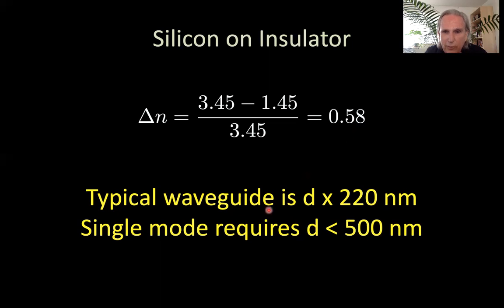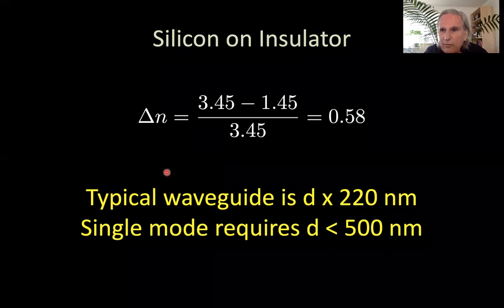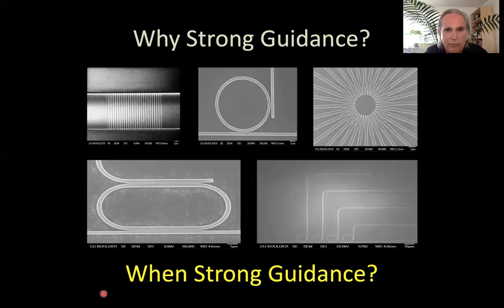A typical fiber waveguide is circular, around 10 microns, or 200 times the size of a silicon photonic waveguide. You can't bend that optical fiber very much. We can kind of bend it down to a centimeter radius of curvature. The silicon on insulator, you can bend down to a 5 micron radius of curvature.